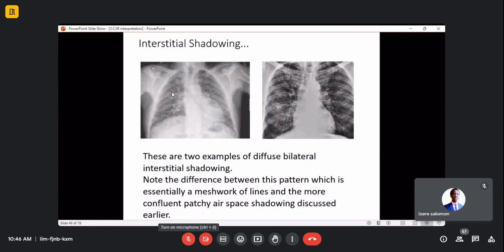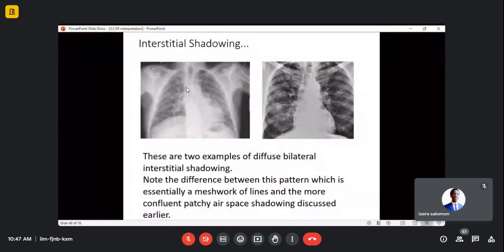What I'm sure of is that these opacities I can see are not alveolar. That one you are sure of. When you see it, before even you think, these are interstitial opacities.